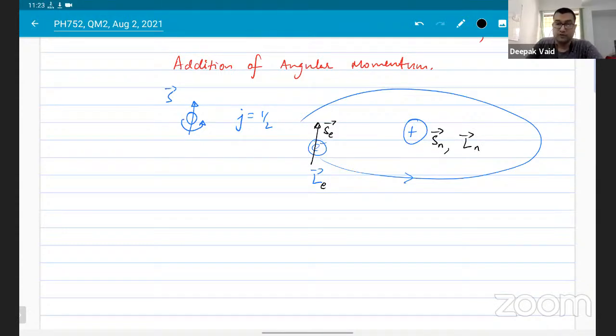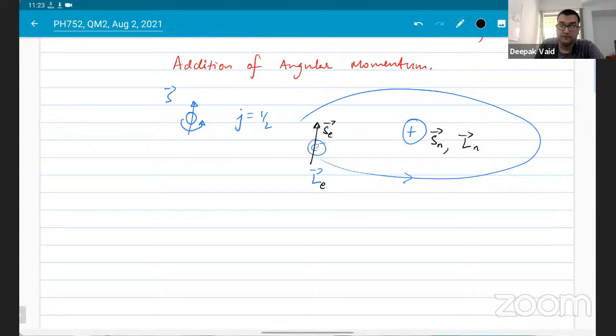So whenever we talk about such a composite system, what we try to do in classical mechanics and quantum mechanics, right, is we try to define quantities which apply to the whole system, right?